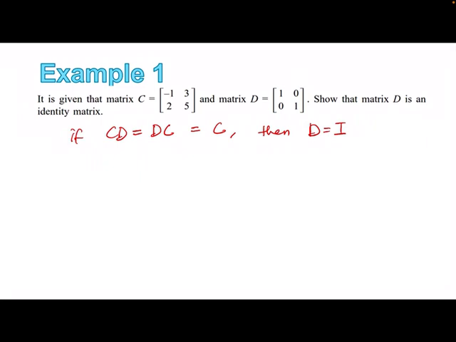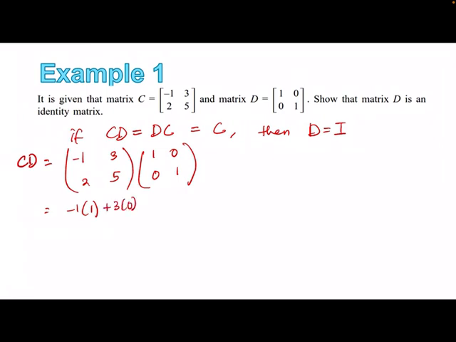So let's multiply CD first. CD equals [-1, 3; 2, 5] times [1, 0; 0, 1]. First row: -1 times 1 plus 3 times 0, -1 times 0 plus 3 times 1.